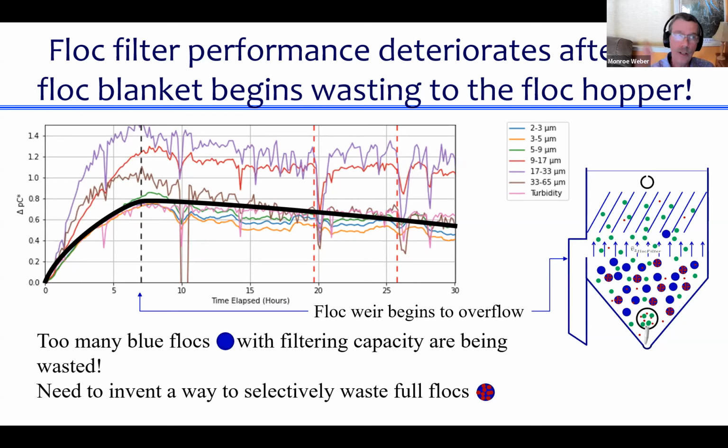So if we dump a whole lot more dirt back into the flocculator, and it's dirt that already has coagulant on it, and we run that through the flocculator again, it's possible that it won't require much additional coagulant, and it'll very quickly grow up again into lots of green guys, which can go into the plate settlers and turn into lots of blue guys. And then all of a sudden, I've got a flock filter that has even more good blue guys in it, and so it'll work even better.